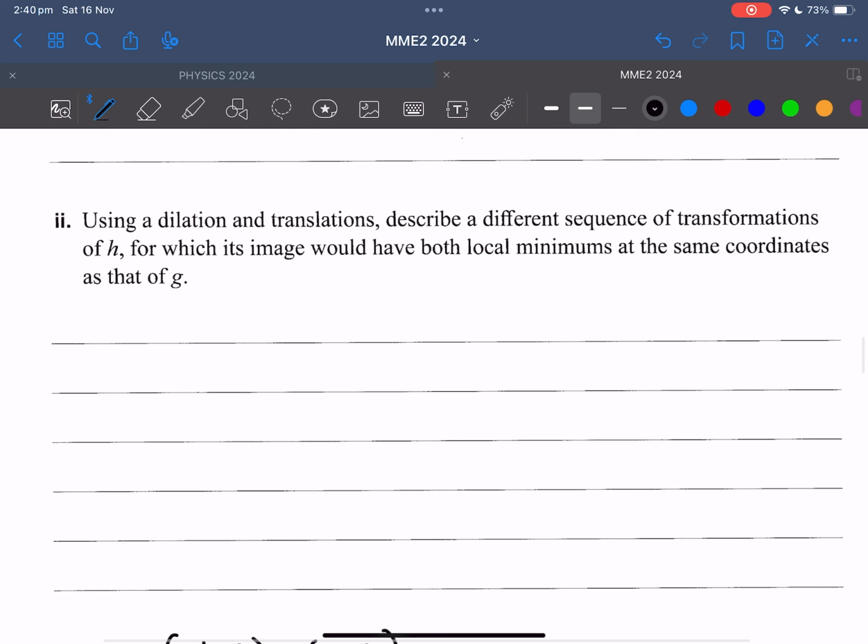Okay, so let's list it down. So first, dilate by a factor of 3 root 10 on 10. From which axis do we dilate it from? Since the x coordinate is changing, we dilate it from the y-axis.